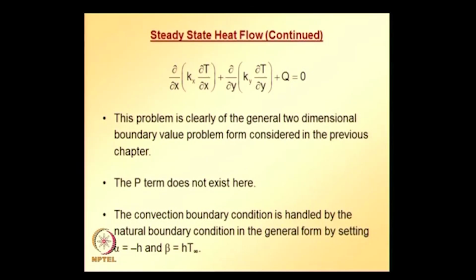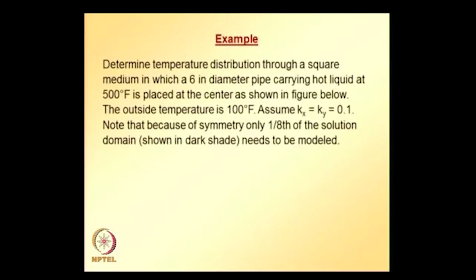So, now let us take an example. Determine the temperature distribution through a square medium which is 6 inches in diameter. Here the problem is given in FPS units, but it does not matter as long as we stick with consistent units. A pipe carrying hot liquid at 500 Fahrenheit is placed at the center as shown in the figure below.